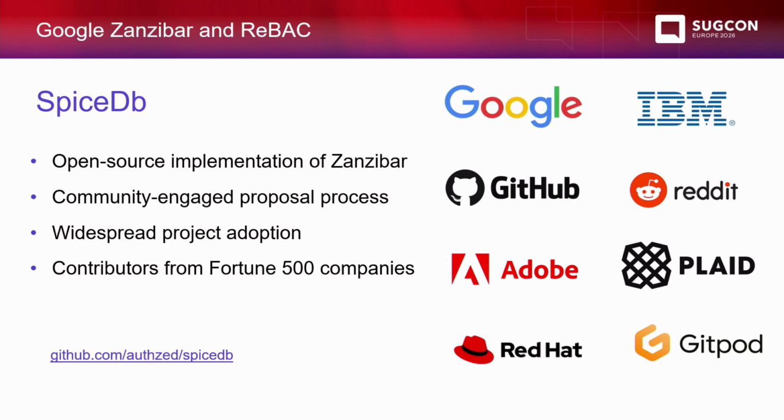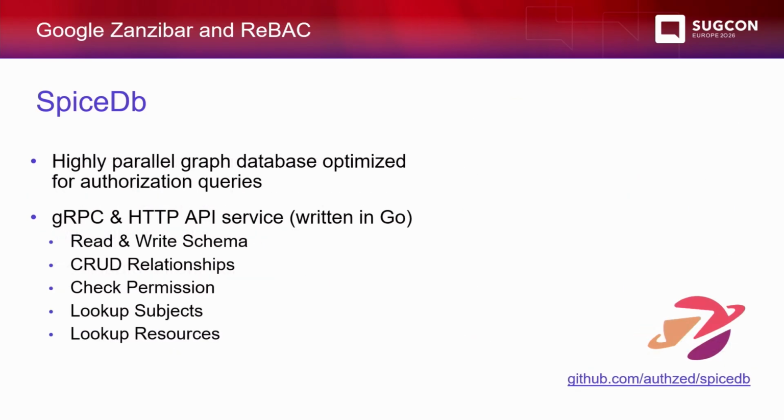So as I said, it's an open source implementation of Google Zanzibar, and it has many contributors from all of these companies, including Netflix, Google, Red Hat, and so on. SpiceDB is a highly parallel database that is used for authorization queries.